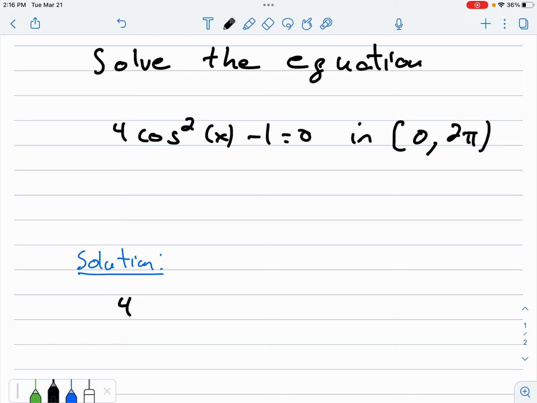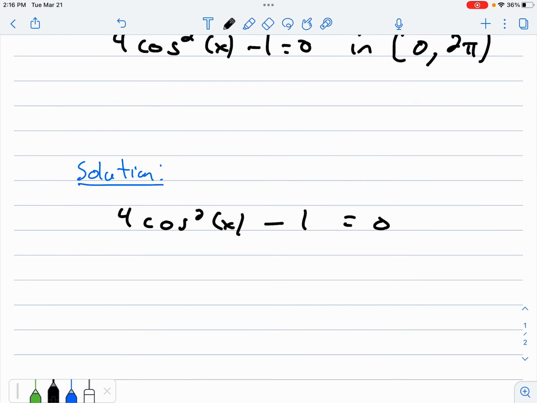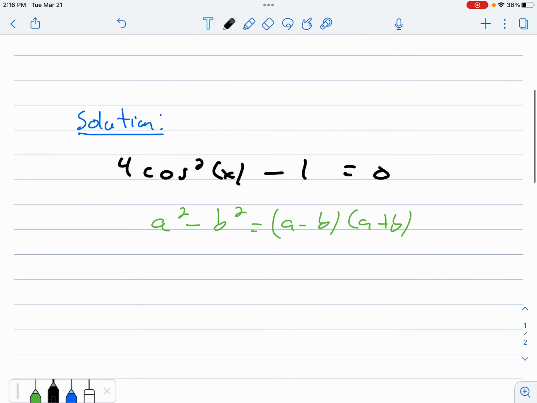So we take a look at 4 cosine squared x minus 1. We can actually factor that. That is a difference of squares. That has the form of a squared minus b squared, which factors as a minus b times a plus b. So what's a here?